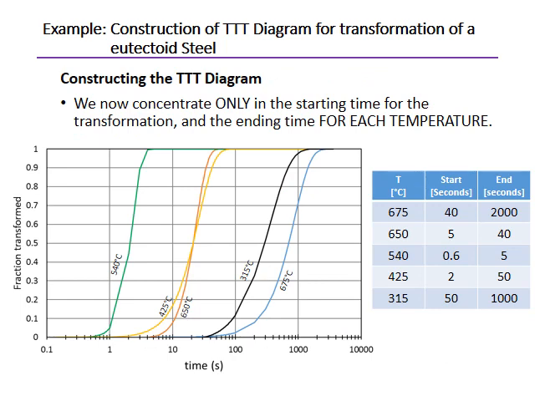So let's concentrate on those starting times and ending times for each of the temperatures. So for 675, we've seen that the start is 40 seconds and the end is at 2000. For 650, the start is about 1, 2, 3, 4, 5, and the end is at 40 seconds, 10, 20, 30, 40.